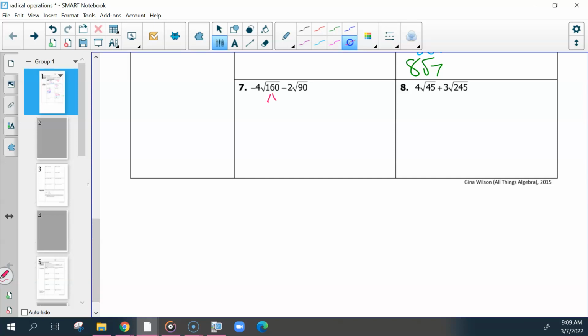What is the highest perfect square we can divide out of 160? 16 and 10.